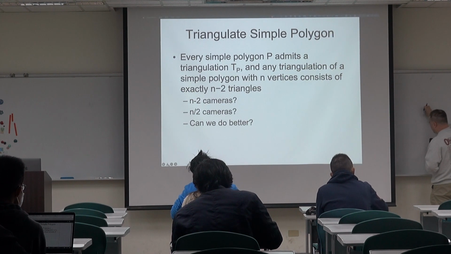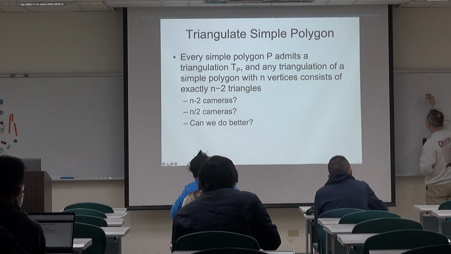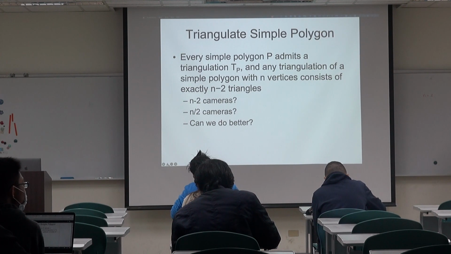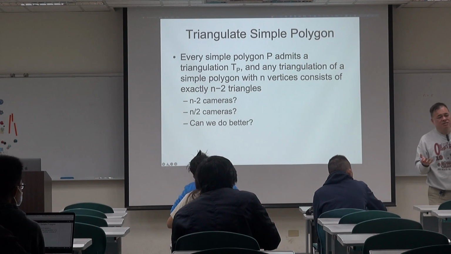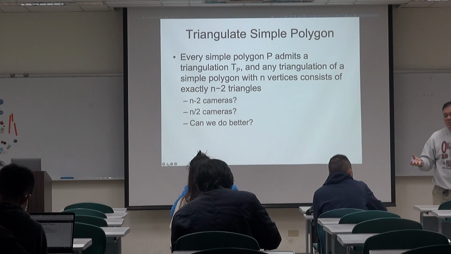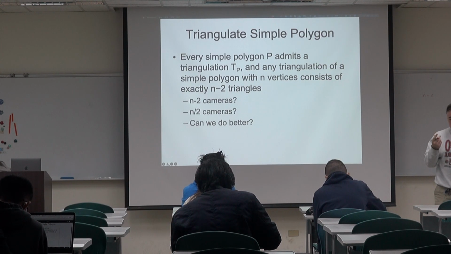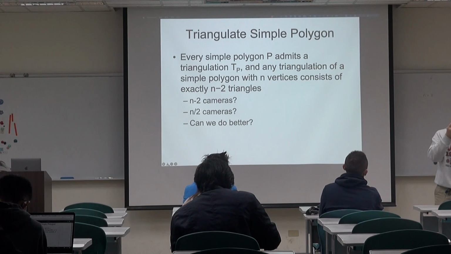Okay, so first, for n, we start from n equal to 3. Because when the number of vertices is less than 3, it's impossible to have a triangle anyway. In order to have a triangle, you need at least 3 vertices.